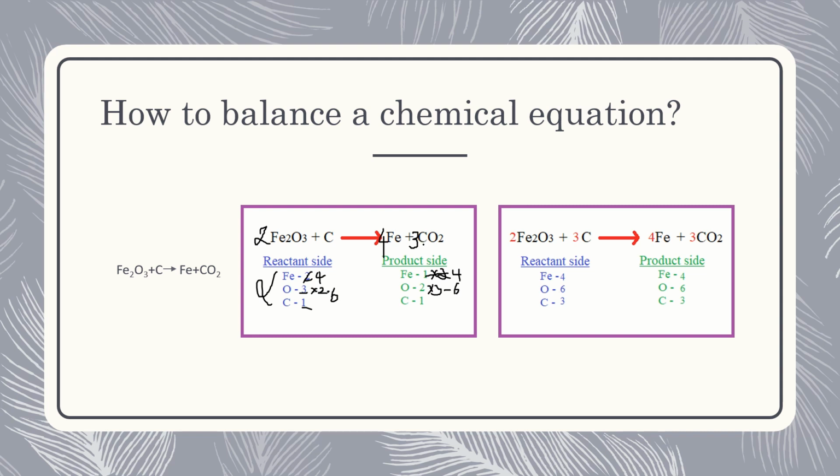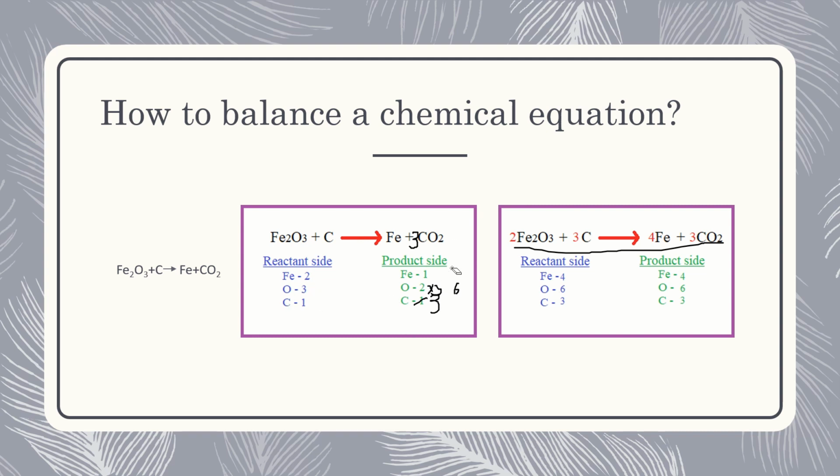The carbon atom is 1, so it would be 3 into 1, which would be 3. So even on the reactant side, we need to get 3, so we do it into 3 here. It would be 3 carbon atoms. And the final reaction, as you can see here, would be 2Fe2O3 plus 3C, which gives 4Fe plus 3CO2. I hope you understood how to balance equations.